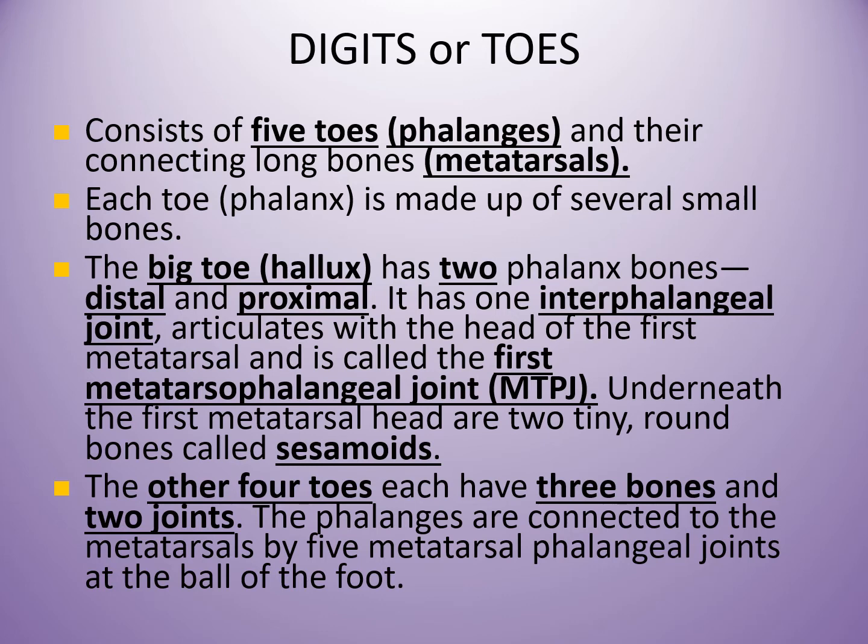And then phalanges are connected to the metatarsal by 5 metatarsophalangeal joints, at the ball of the foot itself. Before we go further, the first toe, big toe tu ada sesamoid bones juga.